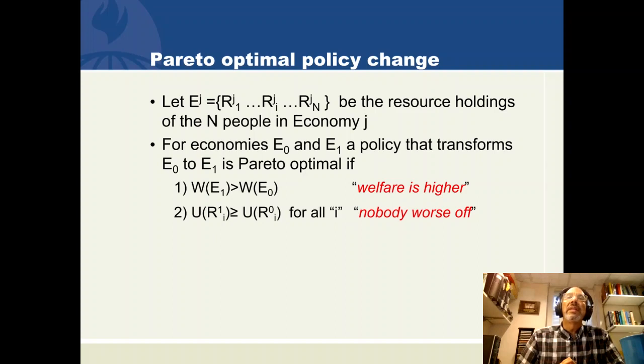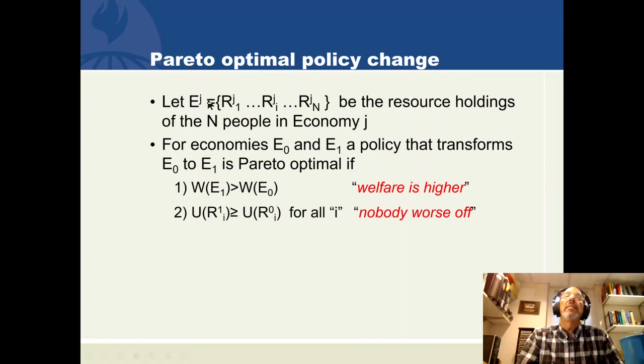So if we examine policy changes, we can set up a set of resource holdings, of the holdings of resources by people in the economy numbered 1 through n. So we have E_j is an economy. It's the jth economy, and there could be hundreds of these potential economies.